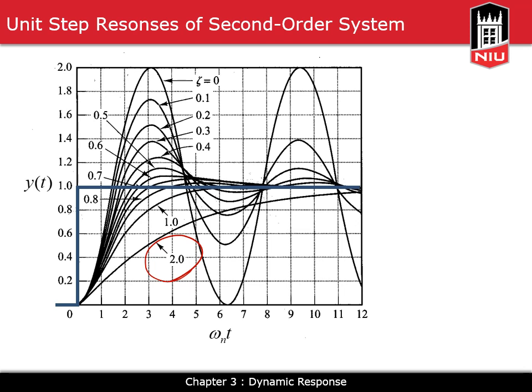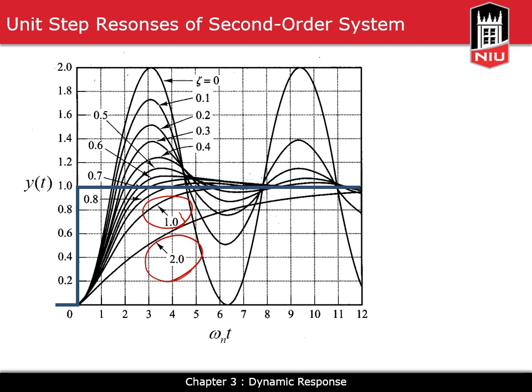The other one to look at is 1. When zeta is equal to 1, the response is still an exponential that goes up to the final value with no oscillations. That is the largest value of zeta that gives a response with no overshoot.